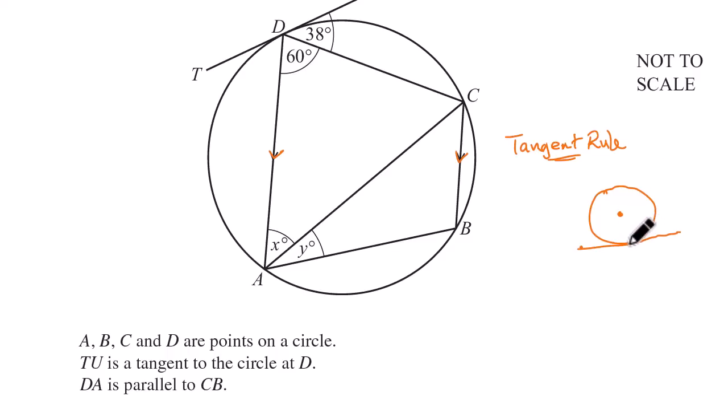if you have a triangle forming from the chord that also touches that same point, this is the tangent, the point where the tangent is touching the circle.